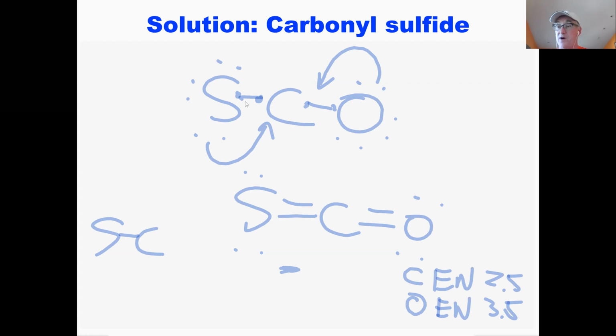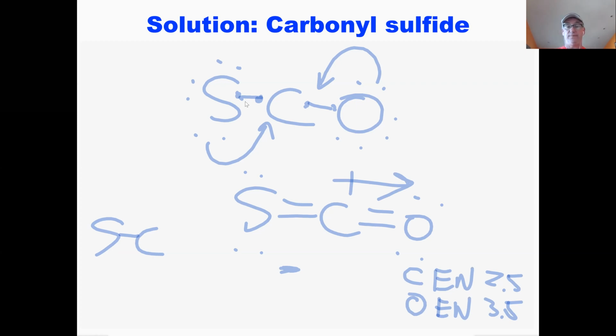And if it is, what direction does the arrow point? Two questions. Is it a polar bond? Yes, Ahmed, man, you are on it today. Yes, it is a polar bond, and it points towards the oxygen.